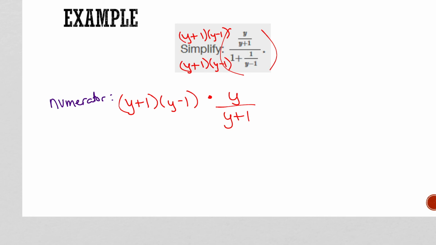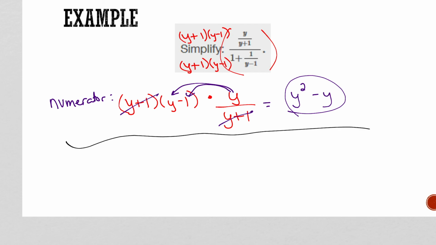Now, what happens is this cancels this, and I'm left with y squared minus y. All right, so that's my total numerator here, is y squared minus y. All right, let's do the denominator now.